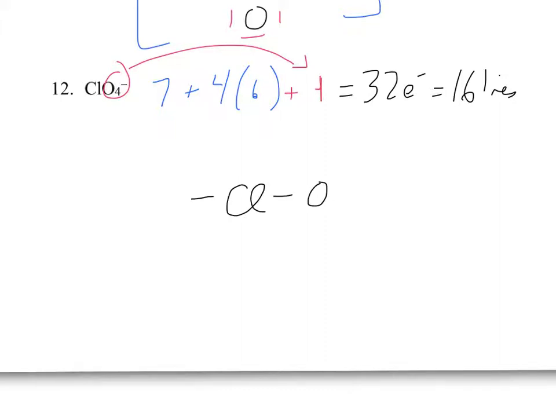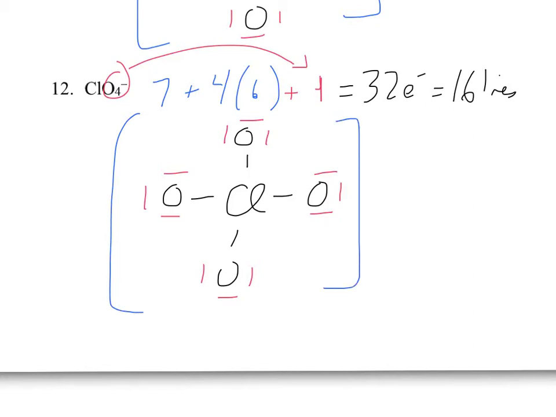You get the idea. Put 4 oxygens around the chlorine. I've used up 4 lines. 5, 6, 7, 8, 9, 10, 11, 12, 13, 14, 15, 16. And finish with square brackets to represent that it's an ion. That's it. Next video will be page 2.